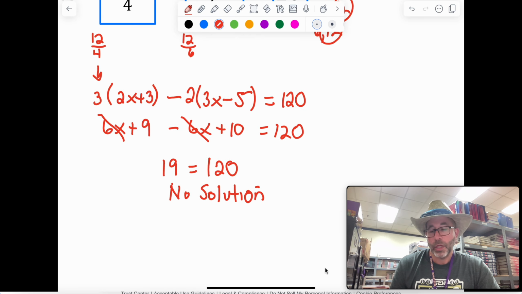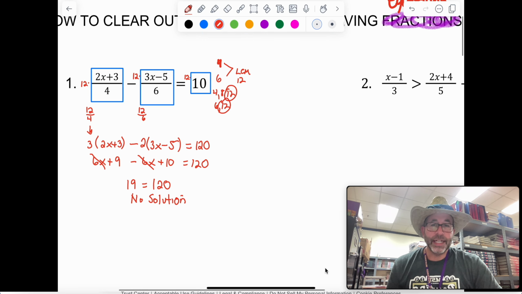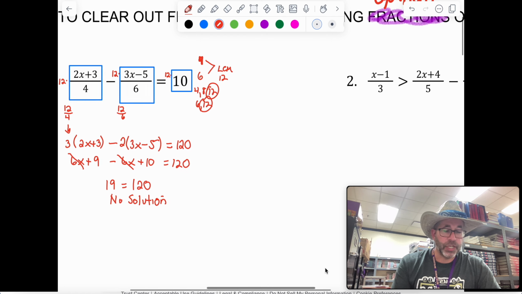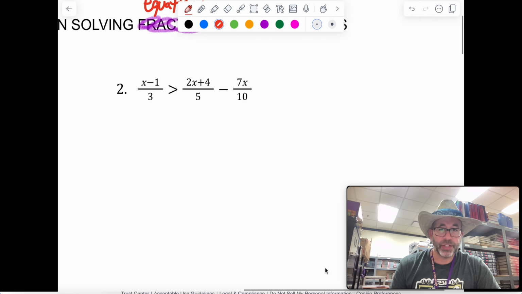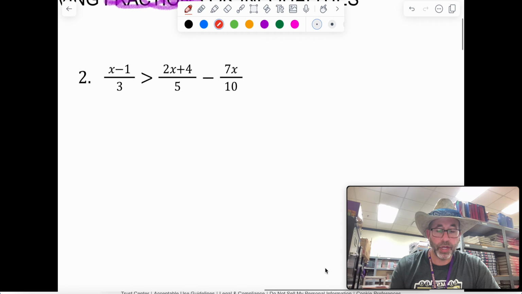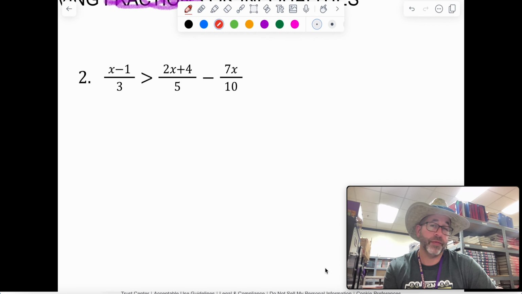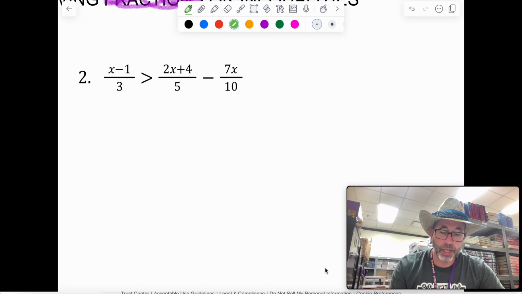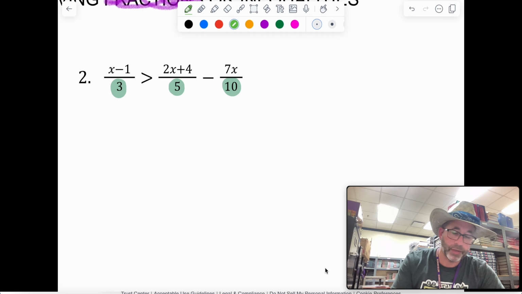All right, let's take a look now at this second example, which has inequalities. The process is not going to change at all. But what changes here is that we have 3 numbers in the denominator rather than just 2. We have a 3, a 5, and a 10. You've got to figure out, what's the least common multiple of these?